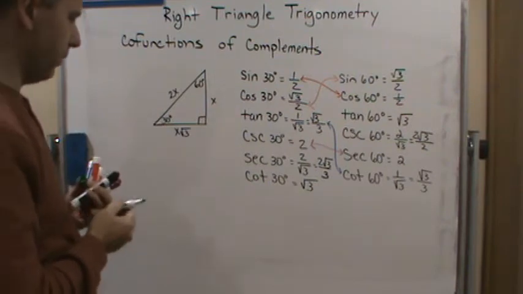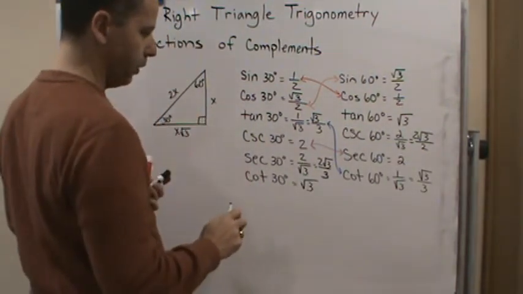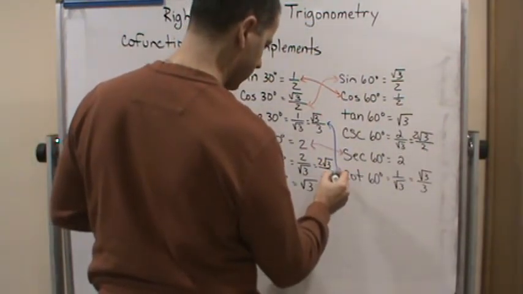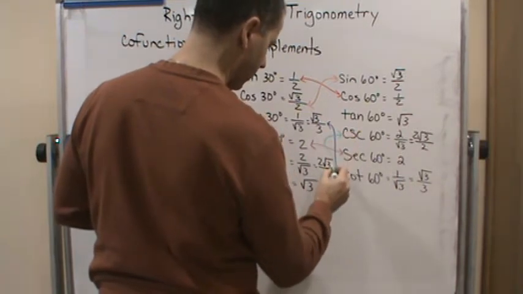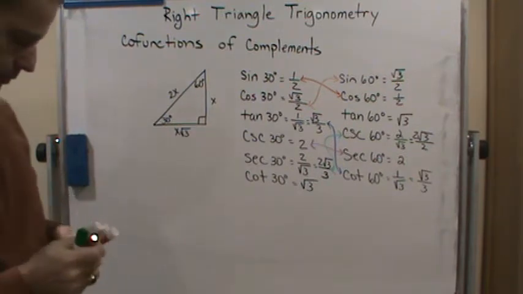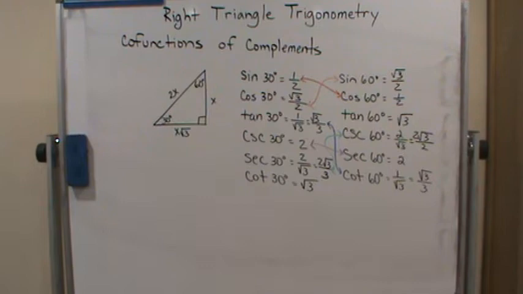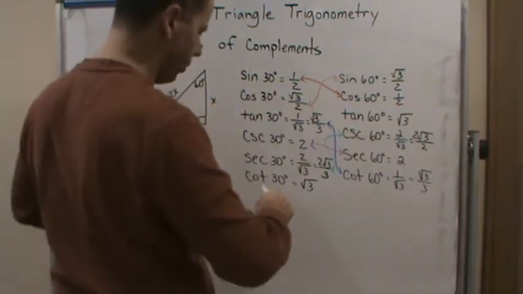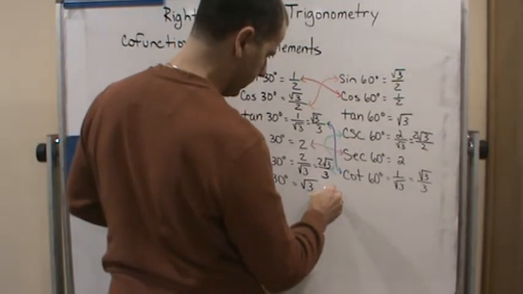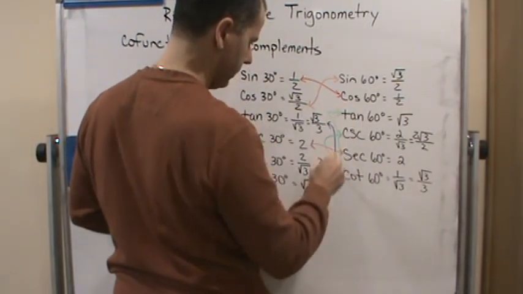Secant 30 degrees is 2 root 3 over 3, but so is cosecant of 60 degrees. And finally, cotangent 30 is equal to square root of 3, and so is tangent 60.